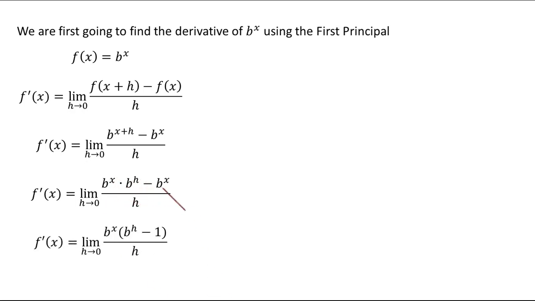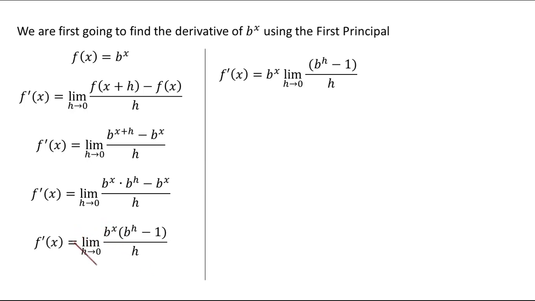Then we can take b raised to x common, and it will become b raised to h minus 1, the whole upon h. Then we can bring this b raised to x outside because that is independent of h, and it will become b raised to x, limit as h tends to 0, b raised to h minus 1, the whole upon h. But just now we saw that limit of a raised to h minus 1, the whole upon h, was natural log of a.